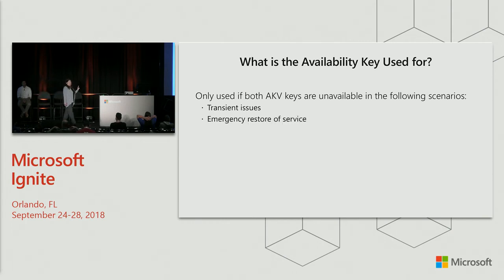The second one is emergency restore of service. As I said, this is a value add to our customers. So if you are compromised or your keys were mismanaged and you no longer have the ability to log into your mailbox, you can call us and we can switch to using the availability key for your user set. What we do is we actually lock the users out of their mailboxes when both Azure Key Vault keys are unavailable to the Office 365 service.